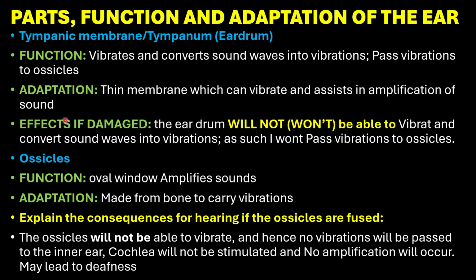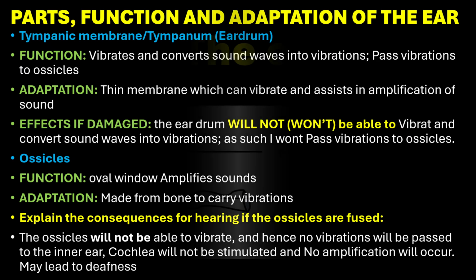And then you should be able to explain the effects if that part is damaged. And in doing so, you take the functions and then you insert the words "will not be able." Once you insert these words, you have explained the consequence of that damaged part.